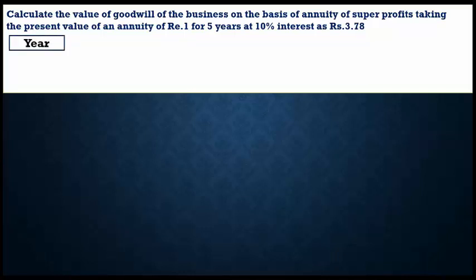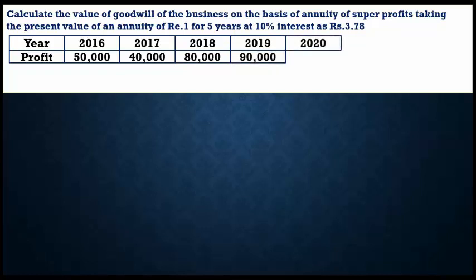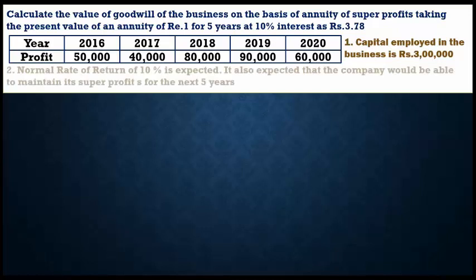Here, profit 2016: 50,000, 2017 profit 40,000, 2018 profit 80,000, 2019 profit 90,000, 2020 profit 60,000. Capital employed in the business is rupees 3 lakh.